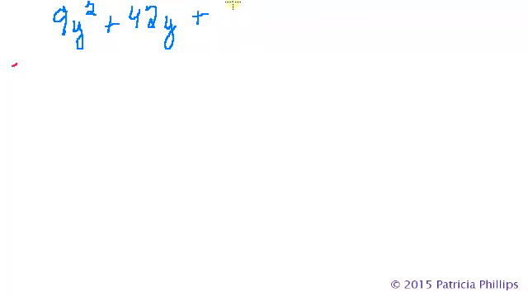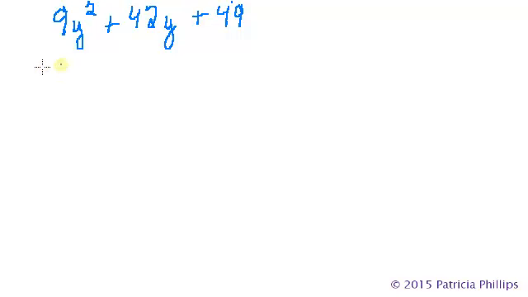Looking at it, you get a pretty good feeling that you might be dealing with a perfect square trinomial. If you see something like this on your homework assignment and you've been doing factoring, you might suspect that it is a perfect square trinomial.